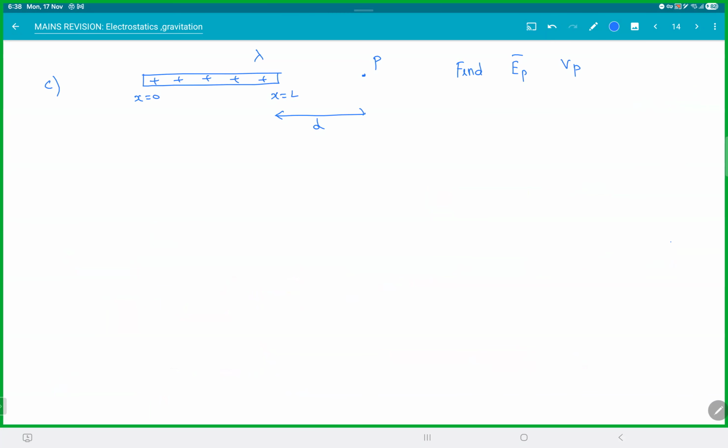Potential and field both. Let's go solve, everyone, focus. I'll give you a 10-minute break in the middle somewhere.